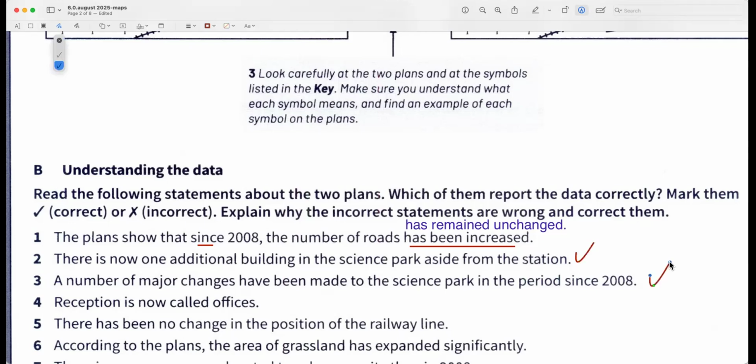Next one, number 4, Mia. Reception is now called offices. Okay, so is it correct or incorrect?